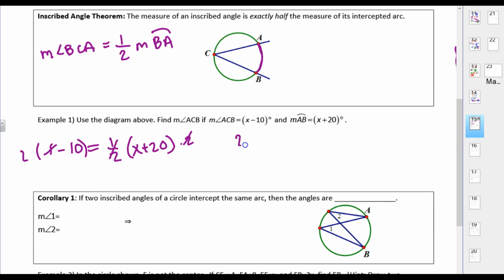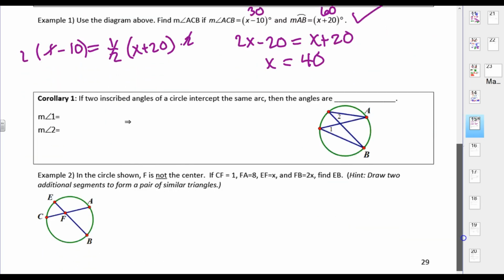So I end up getting 2x minus 20 equals x plus 20. I'm going to subtract the x over, and add that 20 over, so I get x equals 40. When I plug back in, this would be 40 minus 10, which is 30, and this would be 40 plus 20, which is 60. 30 is half of 60, so I did it right.